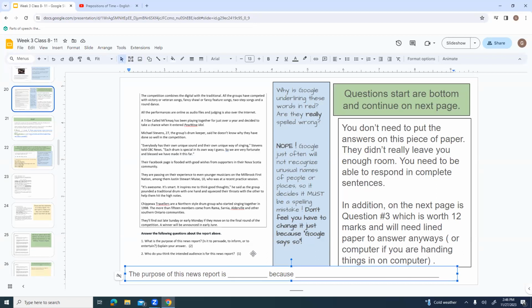I'm not looking for only one answer. If you give me an answer that I consider reasonable, like, yeah, that group of people would be interested, then that's perfectly valid and I will take it. Sometimes people get stressed out because they want there to be only one answer. But as long as you can explain your answer, I am good. I will be happy to take that.